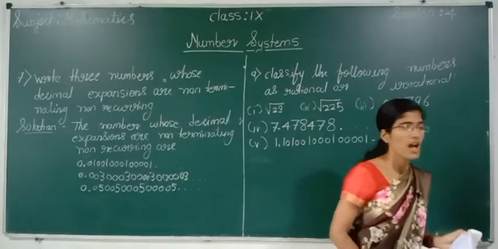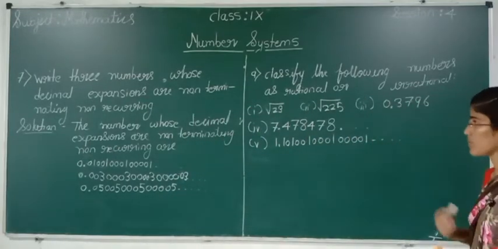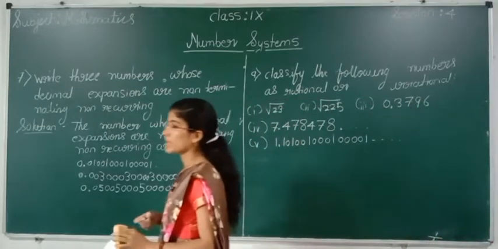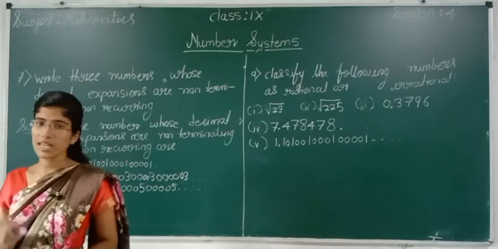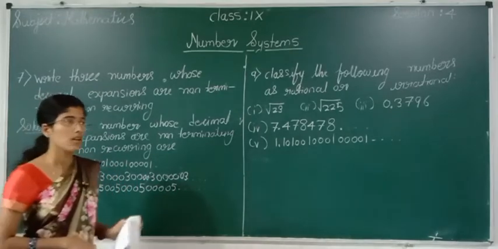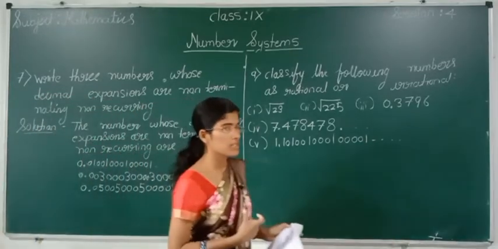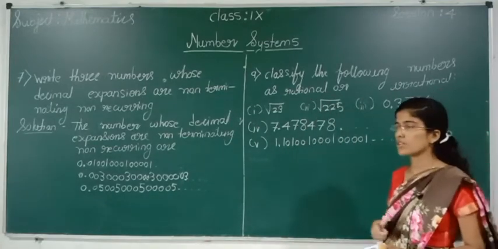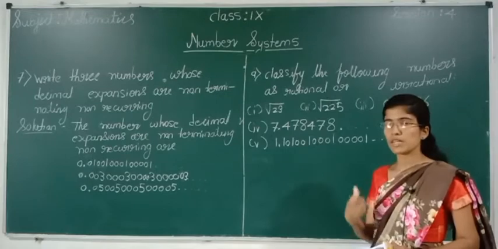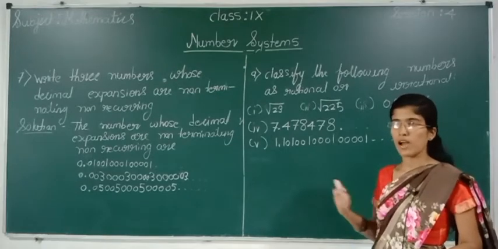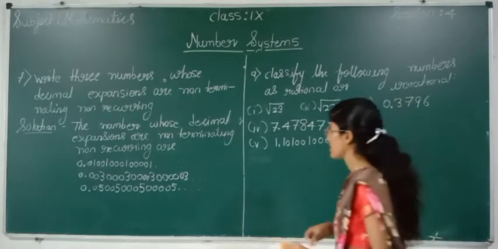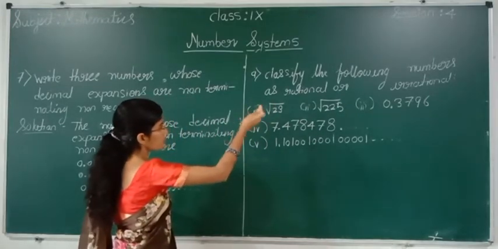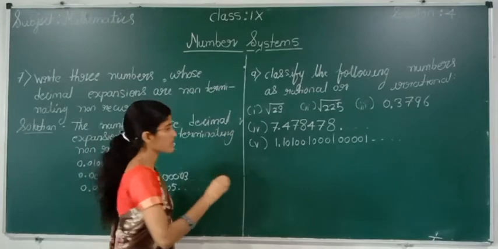As you know, the number whose decimal expansion is non-terminating, non-recurring is an irrational number, and the number whose decimal expansion is terminating or non-terminating recurring is a rational number. Now we will classify which of the following numbers are rational or irrational.